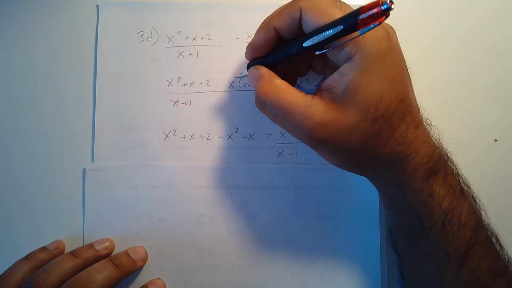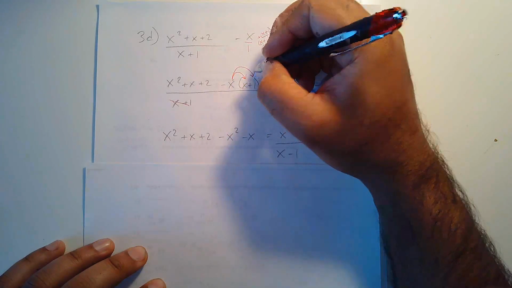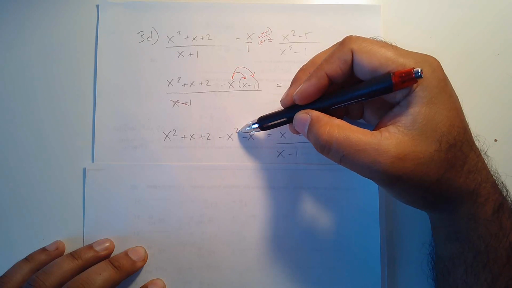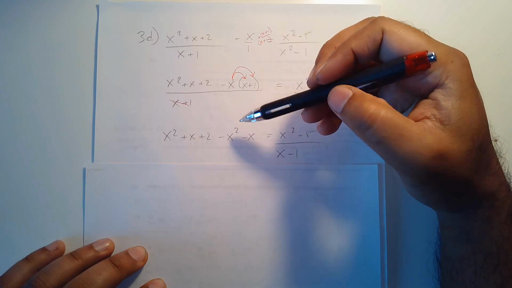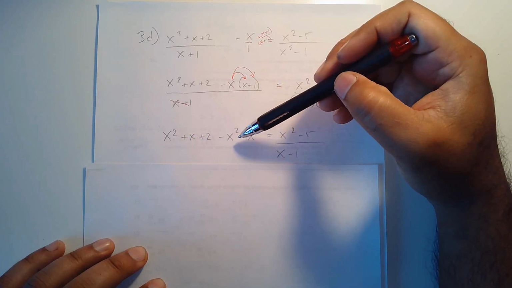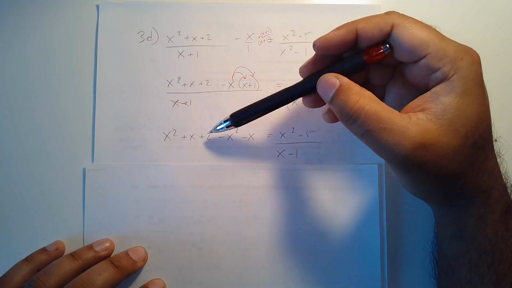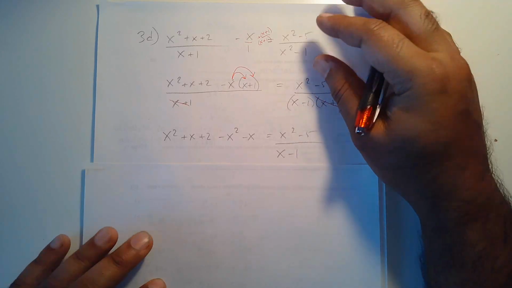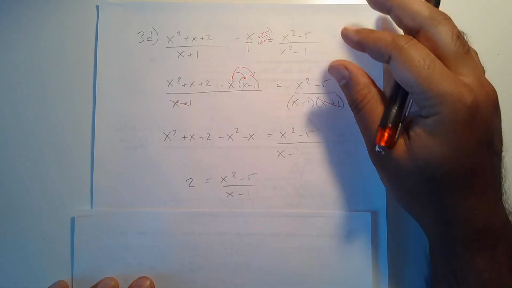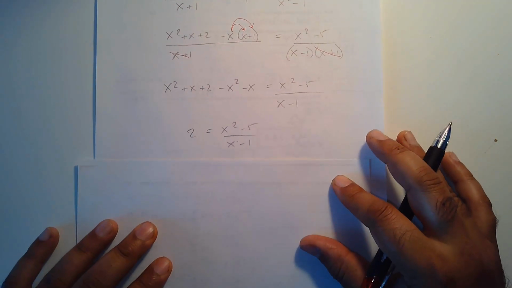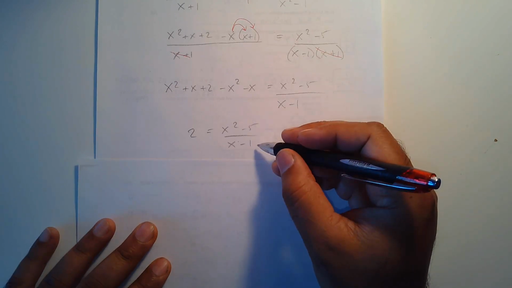Okay, so you multiply this one out. That's going to give you negative x squared and then negative x. So x squared minus x squared will be 0, x minus x will be 0, so all you'll have left is the 2. Now what you want to do is get rid of this x minus 1 on the bottom here.